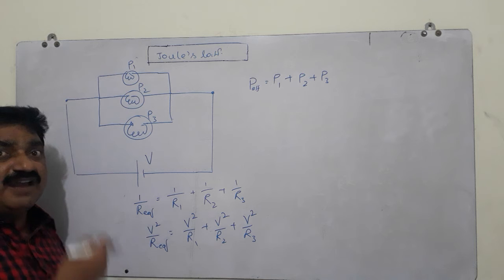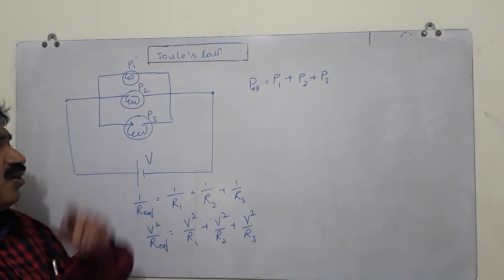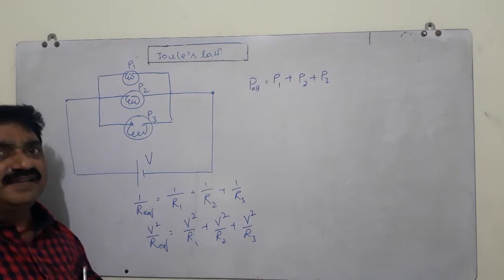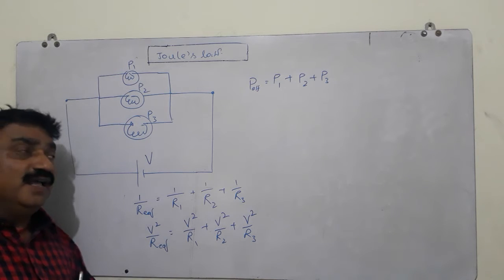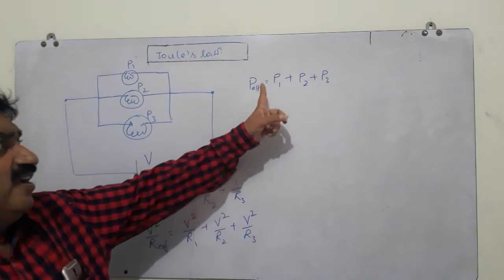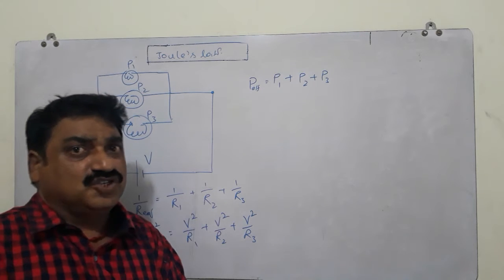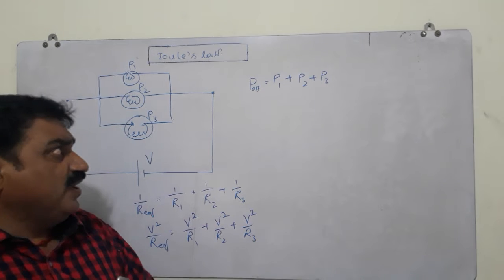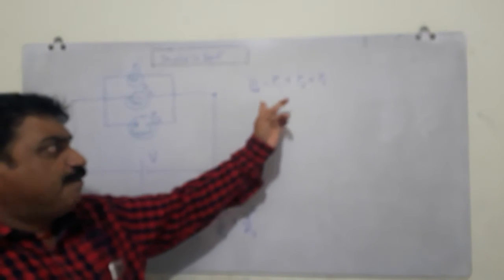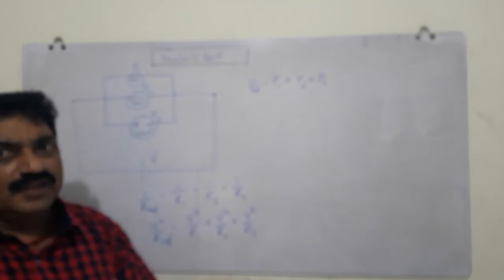If you observe carefully, in parallel combination, if you connect bulbs or any components, the effective power will be increased. So, in order to dissipate more power, we have to use the parallel combination.